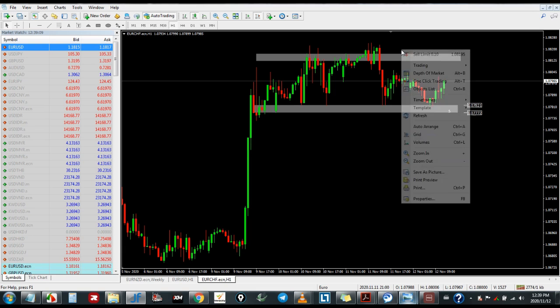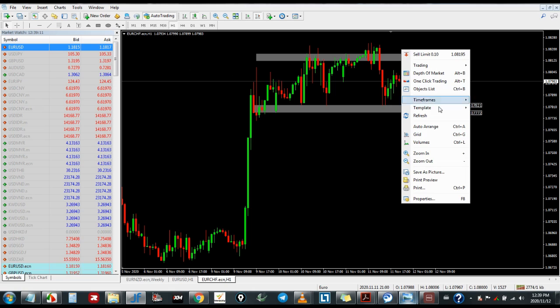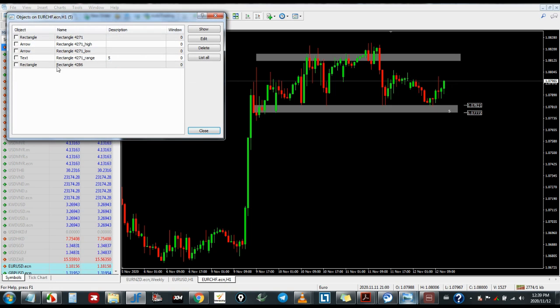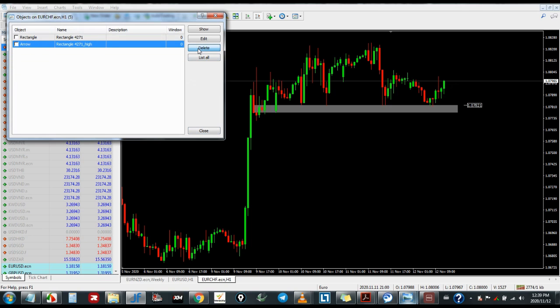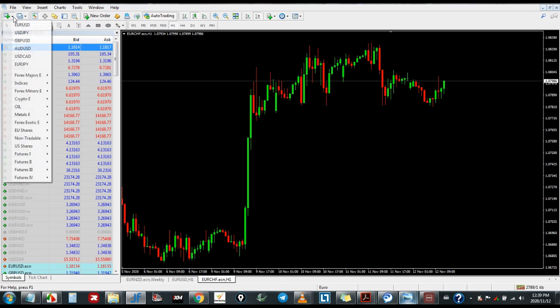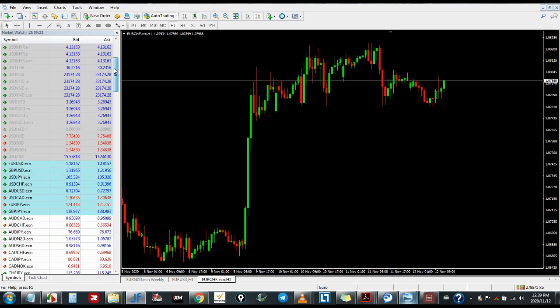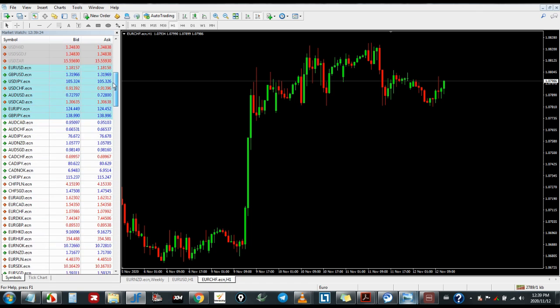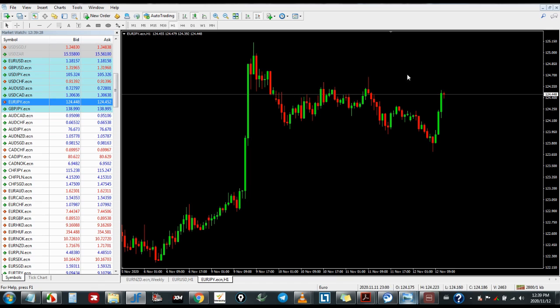Let us have a look at a different pair, which is EURJPY, and see if selling there is a good idea. So let's see EURJPY. Here there's a supply, but this supply is not as strong as I would want it to be.